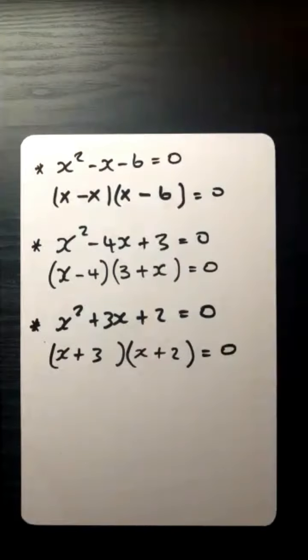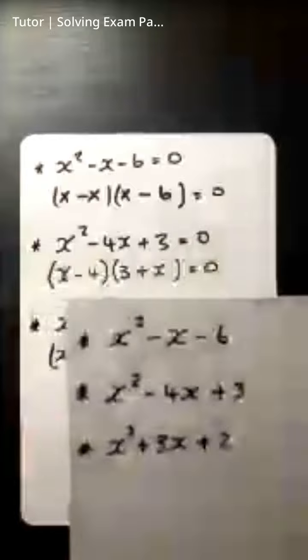Okay. So let me bring this board. I just want to make sure that we try possible methods until you understand, until you have a background of what factorization is all about.